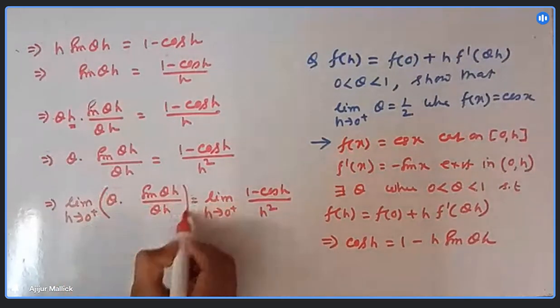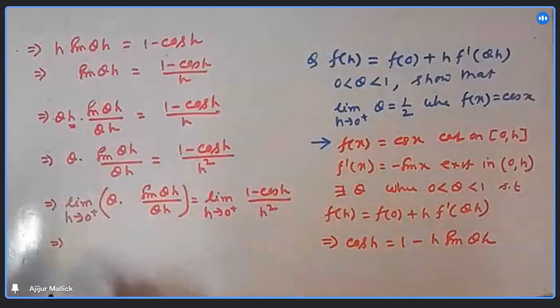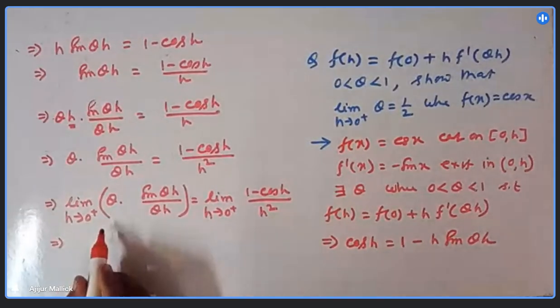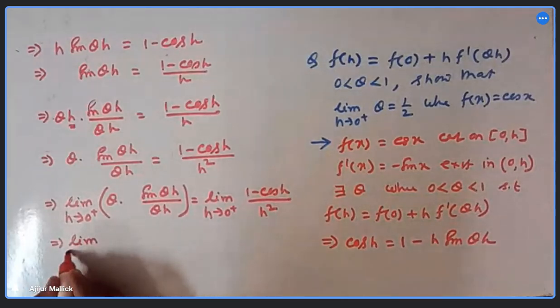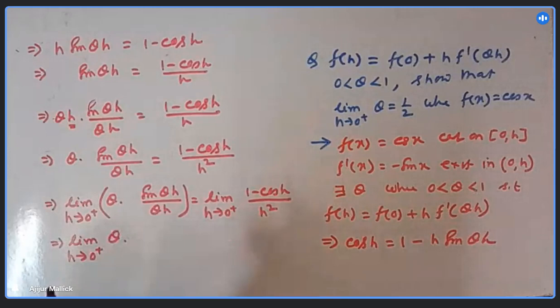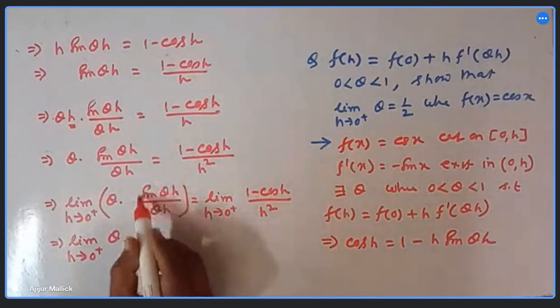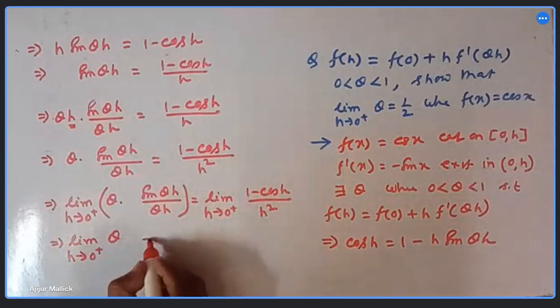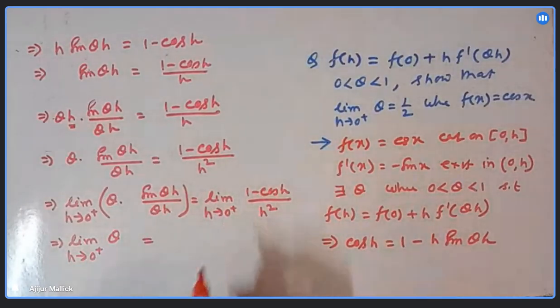So this is limit h tends to 0 plus of theta, and this limit will become 1. For the right side, you have done L'Hospital's rule in class 11, 12.